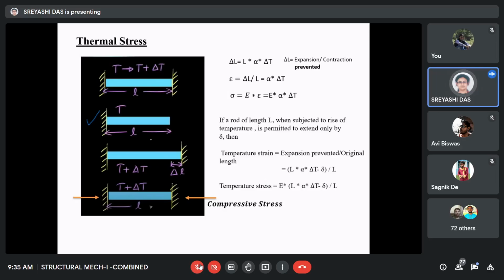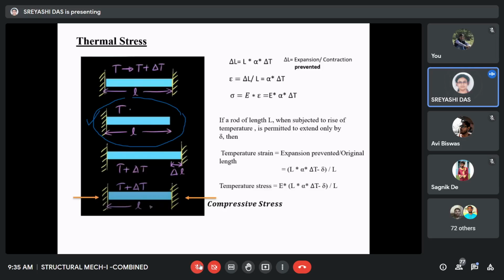Suppose for this case, I'm talking about this second case. So this is a cantilever bar. Now if we increase the temperature of this cantilever bar, one end is fixed and another end is free.